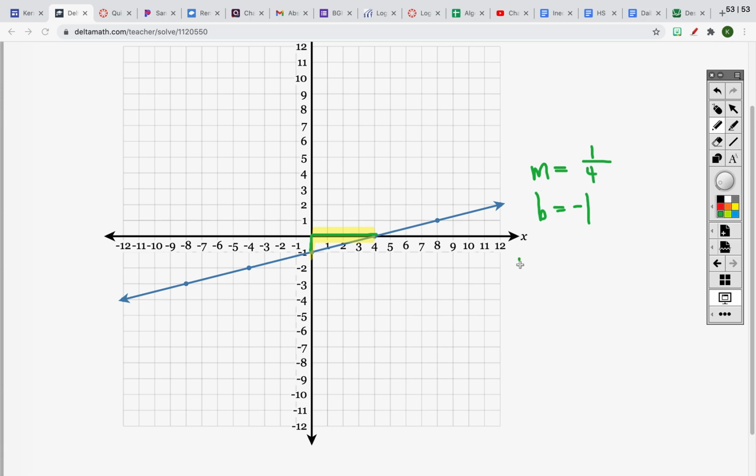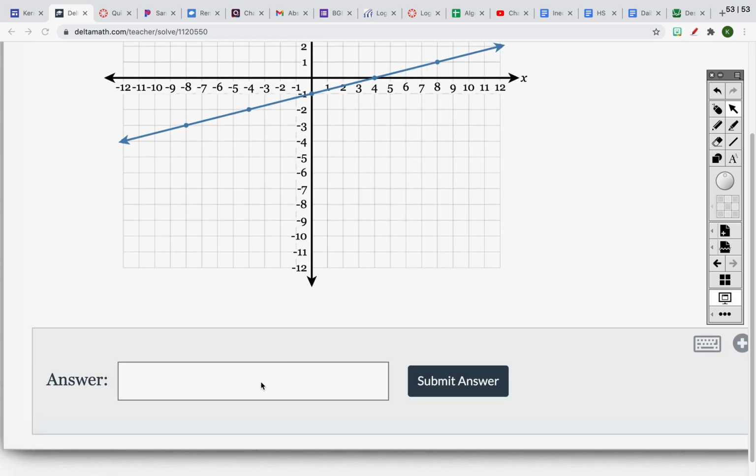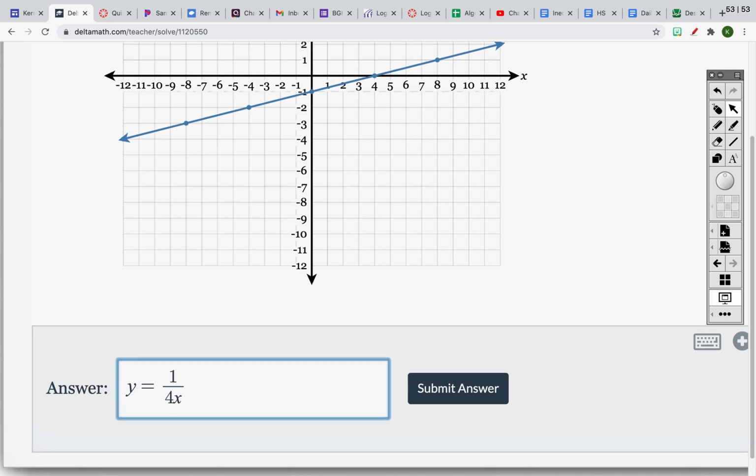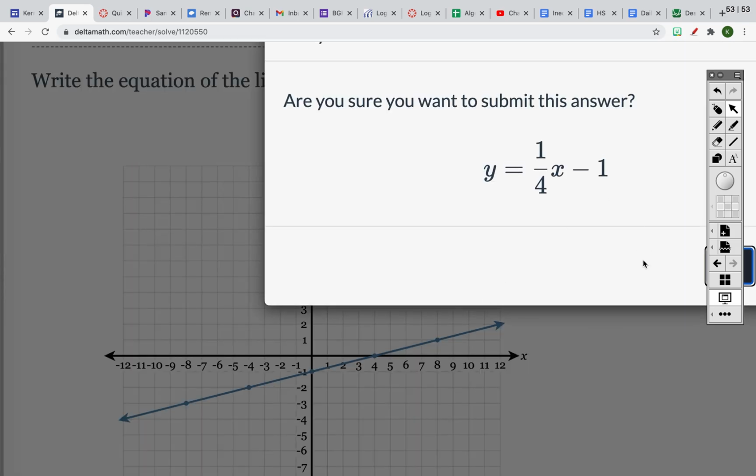So then our equation is going to be y equals 1/4 x minus 1. Y equals 1/4 x, make sure that you move your cursor over, minus 1, or plus a -1.